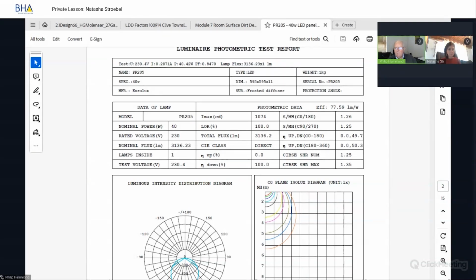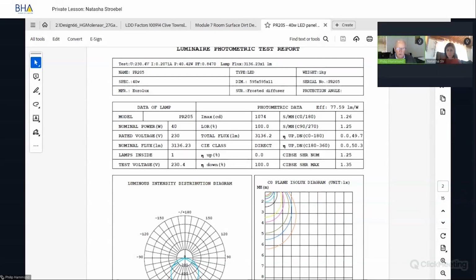There's just one lamp with one set of LED, the test voltage, and then it will tell you the intensity maximum in candelas, not in lumens, candelas. And that will tell you it's 1,074 candelas.